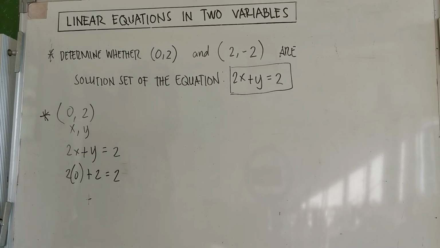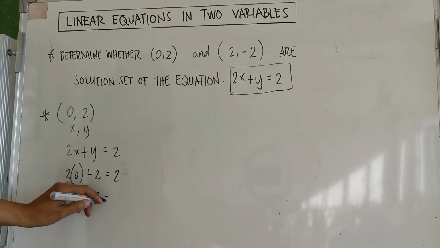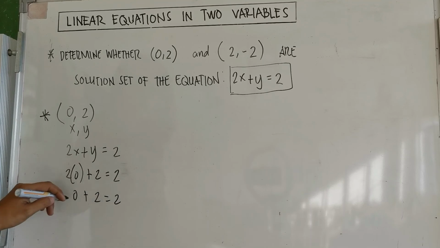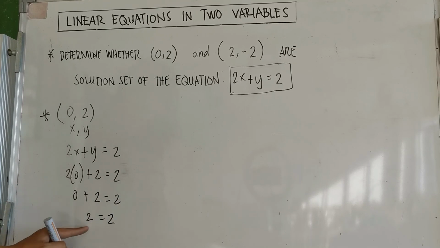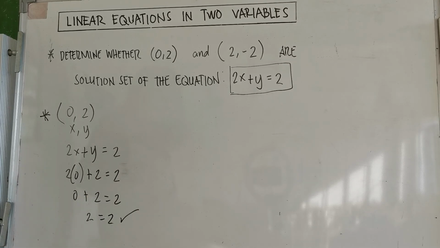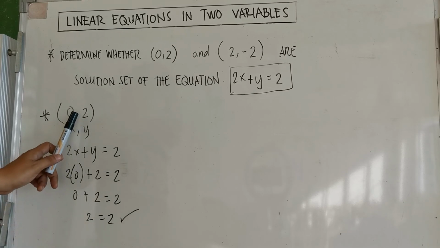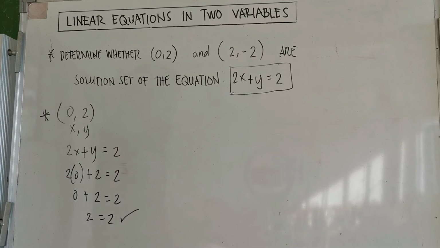Next, simplify. So, 2 times 0 is 0. Then, 0 plus 2 is equal to 2. So, meaning sila ay nag-equal. Meaning, it satisfies our equation. So, kapag siya ay nag-equal, (0, 2) is included in the solution set of 2x plus y is equal to 2.